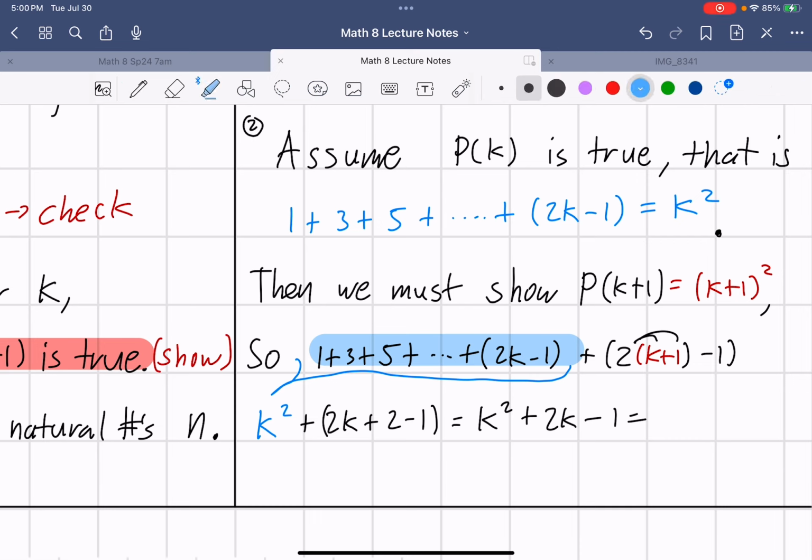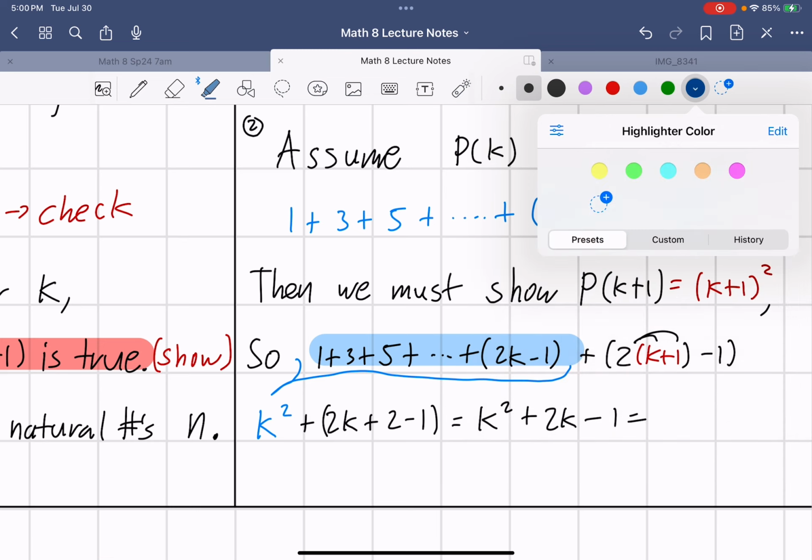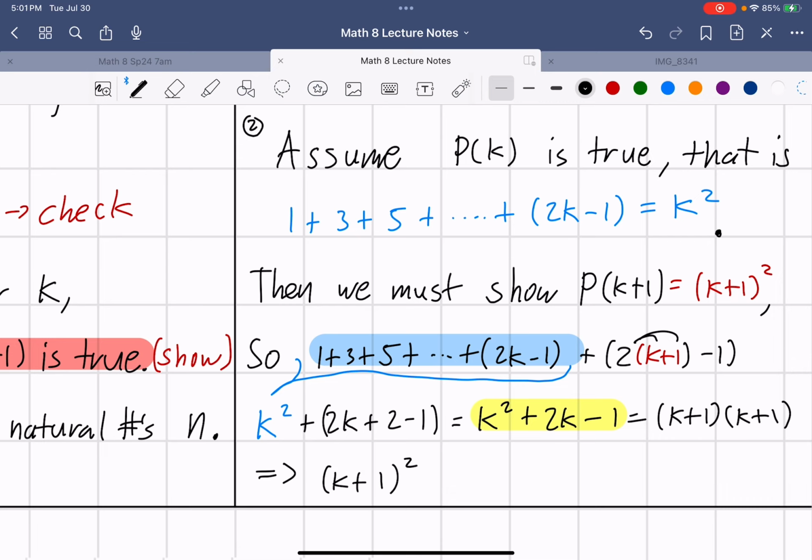If you look here, let me change my colors. This here is a quadratic. So if you remember how to factor, this factors into k plus 1 times k plus 1, which I can then write as k plus 1 squared.